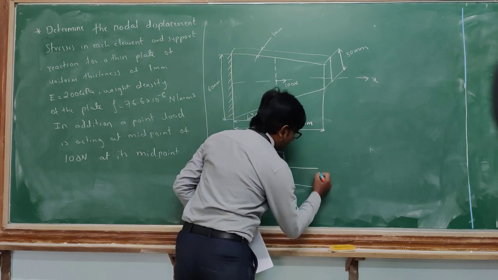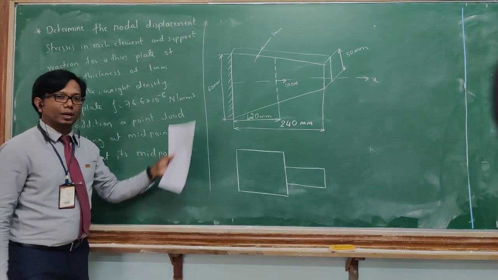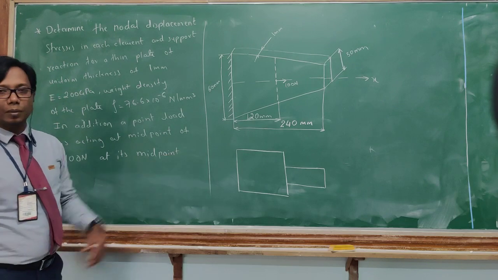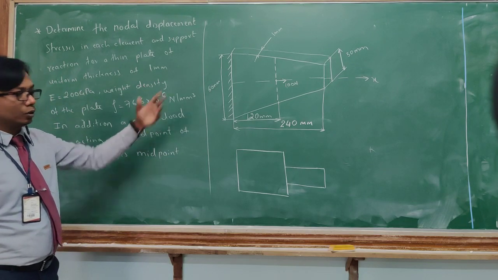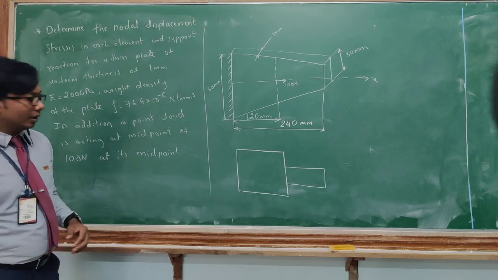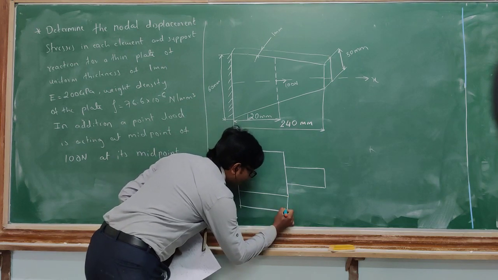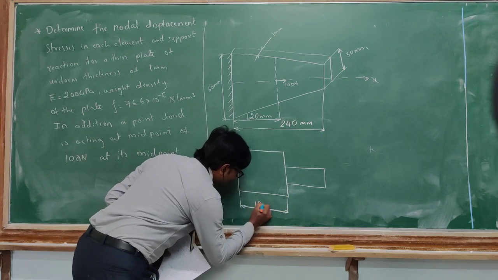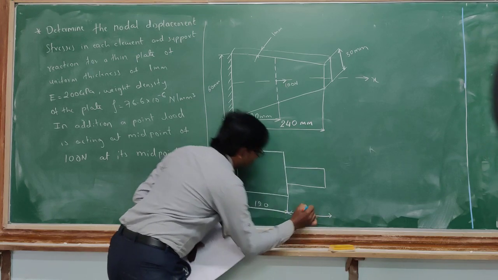See here, this answer might not be 100% correct because it is a tapered bar here and a stepped bar here, but we cannot solve the tapered bar using a 1D element. For that case we are converting it. The length remains the same, 120 here and 120 here.